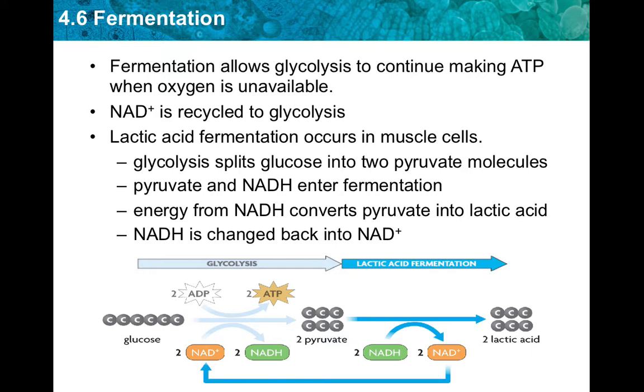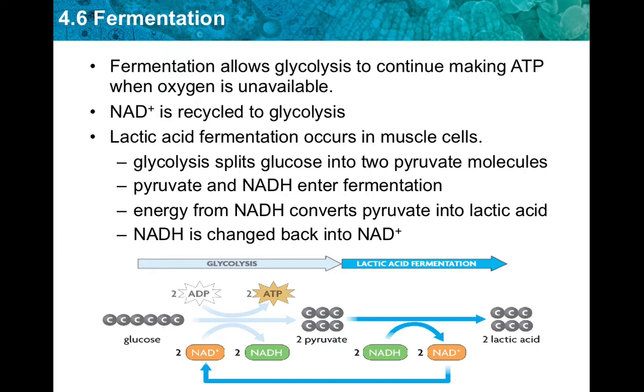Then ADP takes a phosphate group, which makes it an ATP, and NAD plus takes in some energy, which converts it to an NADH. With the energy, it then converts glucose into a 2-pyruvate molecule.